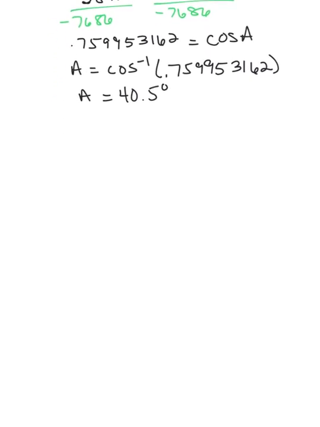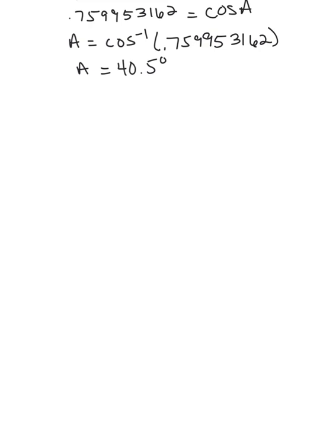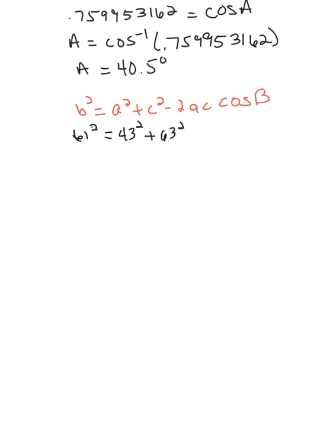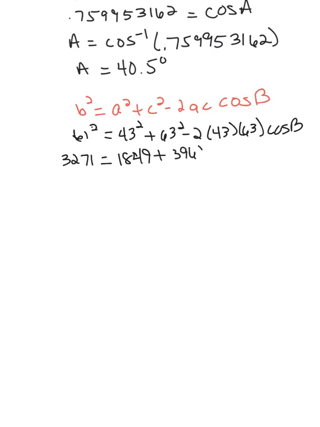I'm going to choose to find angle B next, which means I need the version that says B squared equals A squared plus C squared minus 2AC cosine of angle B. Putting our numbers into position, we will have 61 squared equals 43 squared plus 63 squared minus 2 times 43 times 63 times the cosine of B. 61 squared is 3271. 43 squared is 1849. 63 squared is 3969.